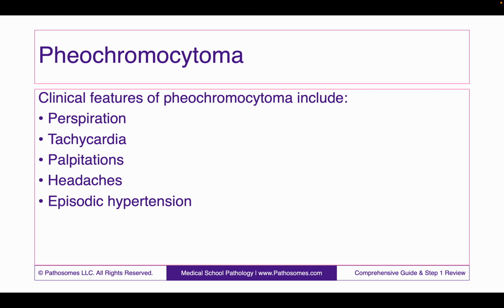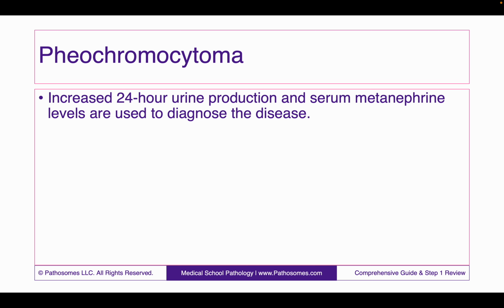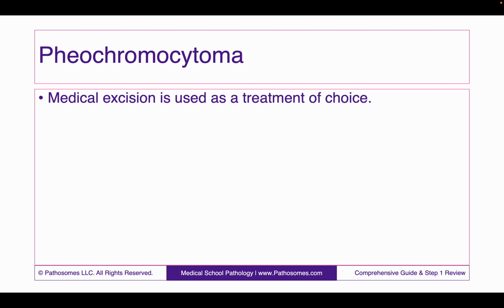Clinical features of pheochromocytoma include perspiration, tachycardia, palpitations, headaches, and episodic hypertension. Increased 24-hour urine catecholamines and serum metanephrine levels are used to diagnose pheochromocytoma. Surgical excision is the treatment of choice.